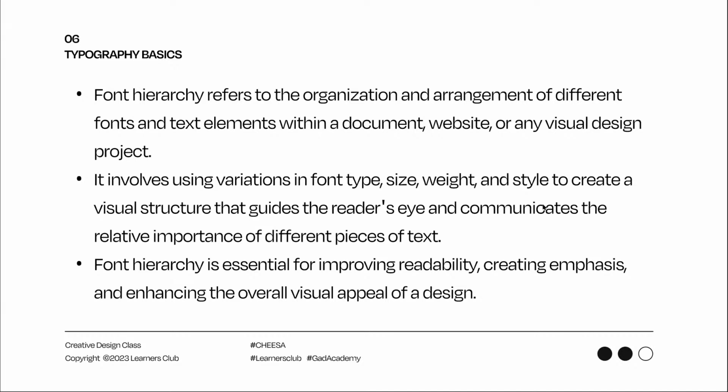And so most often we use variations in the font type. So you can use up to 2 or 3 fonts just to give variations. You can use size to create hierarchy. So we often see our headings very big in size, and then our body content in regular or smaller size.